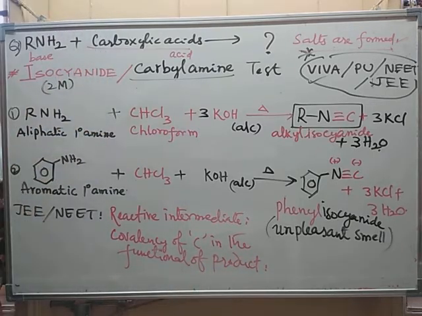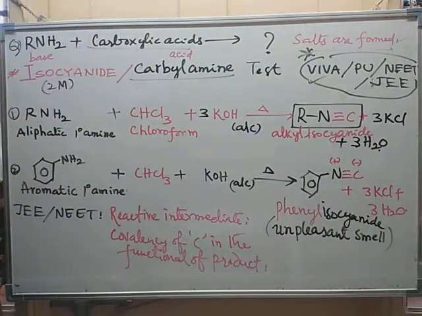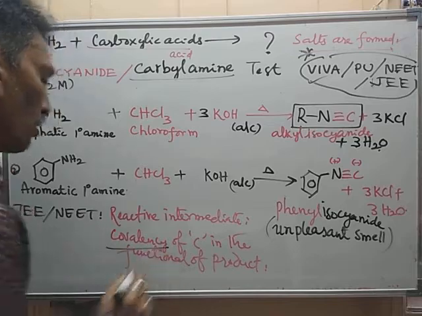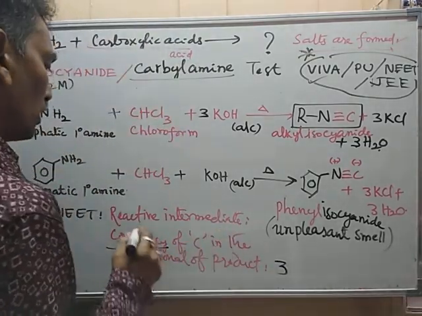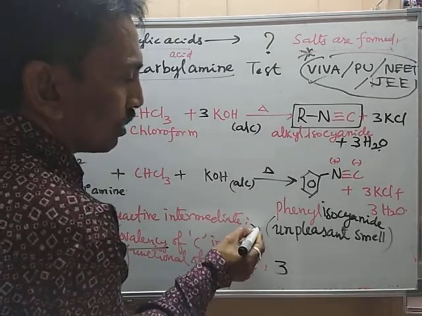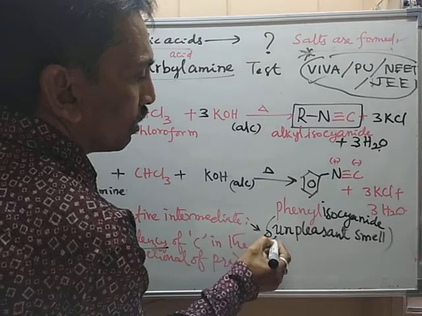Generally carbon has tetravalency, but here especially what is observed? 3 bonds are formed by the carbon atom. So the covalency, the number of bonds, is the answer 3. And the name of the reactive intermediate is carbene, or dichlorocarbene.